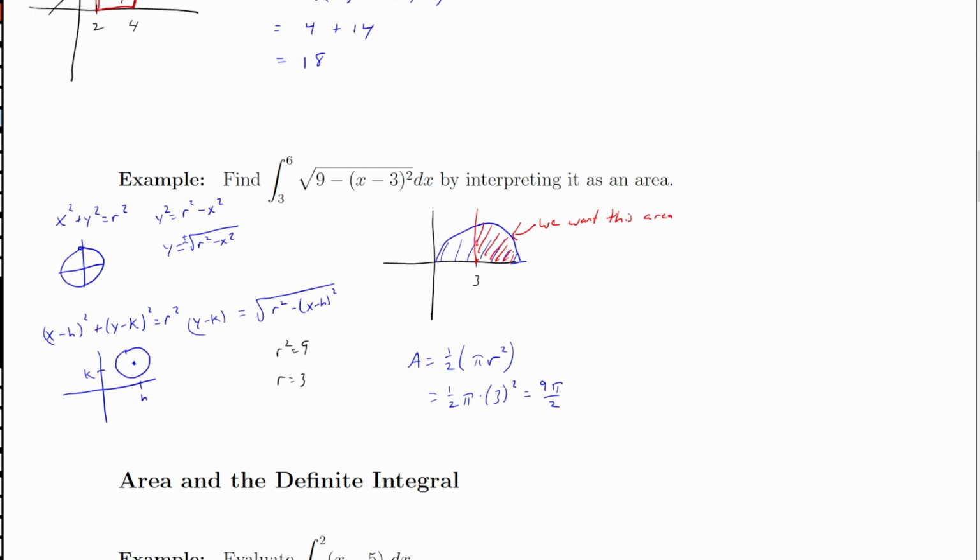Okay, so that's just the right half. So I'm going to take this area of the semicircle and cut it in half again. So this red area is going to be half of 9 pi over 2, which is 9 pi over 4. So the integral from 3 to 6 of the square root of 9 minus (x minus 3) squared dx is equal to 9 pi over 4.